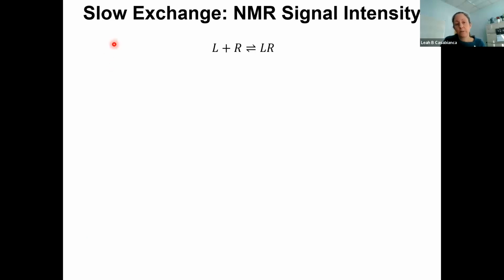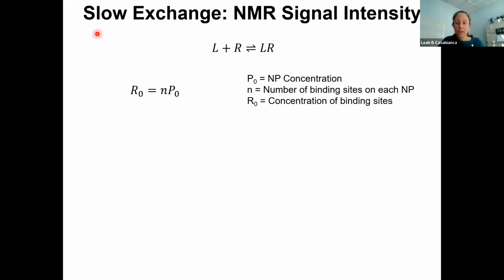If we have this case, we can model the decrease in signal intensity. So we can set up an equilibrium equation. The difference between looking at binding to a nanoparticle as compared to, let's say, a protein ligand interaction is that for proteins, we typically have only one or maybe two or maybe a handful of binding sites per protein. In the case of nanoparticles, however, we may have a large number, maybe thousands of binding sites.